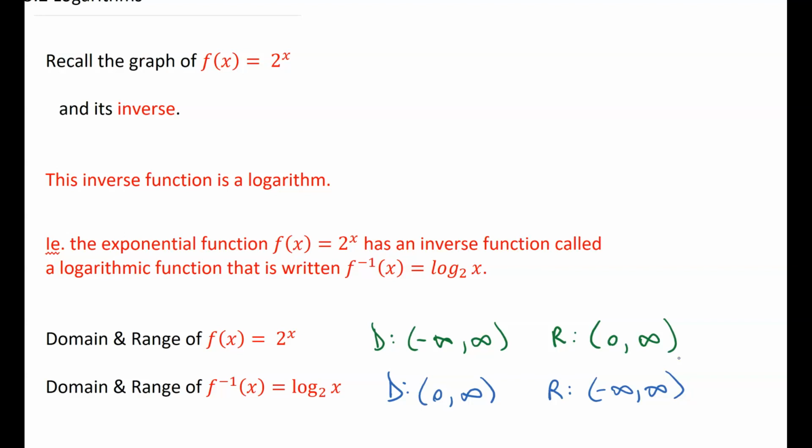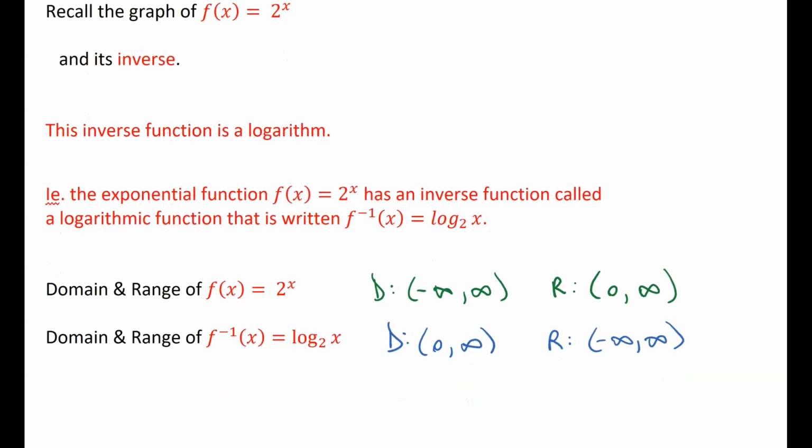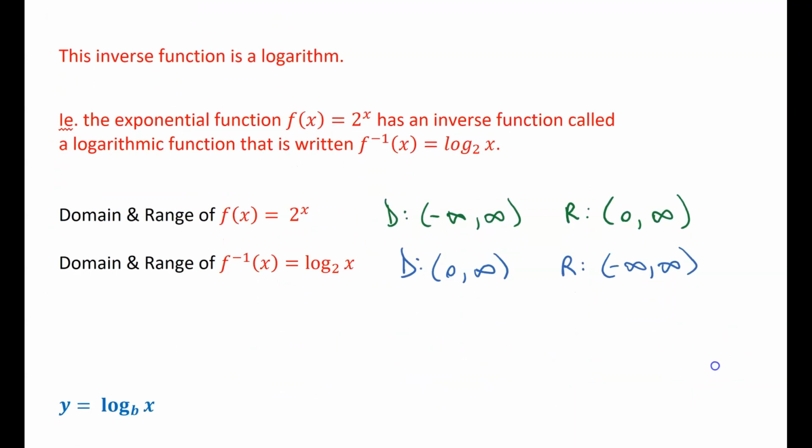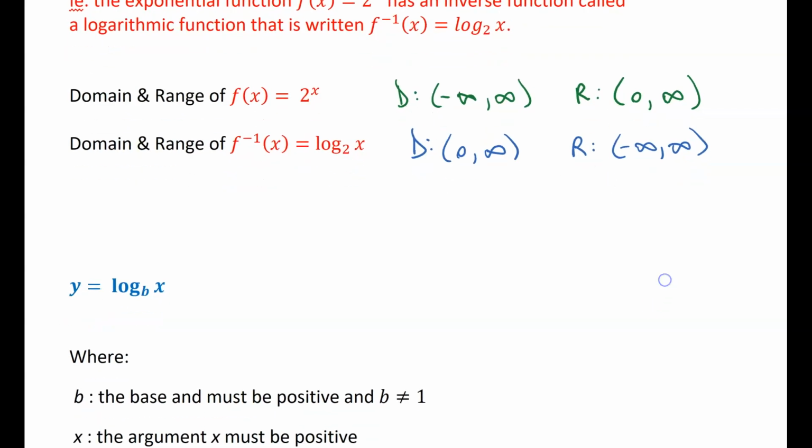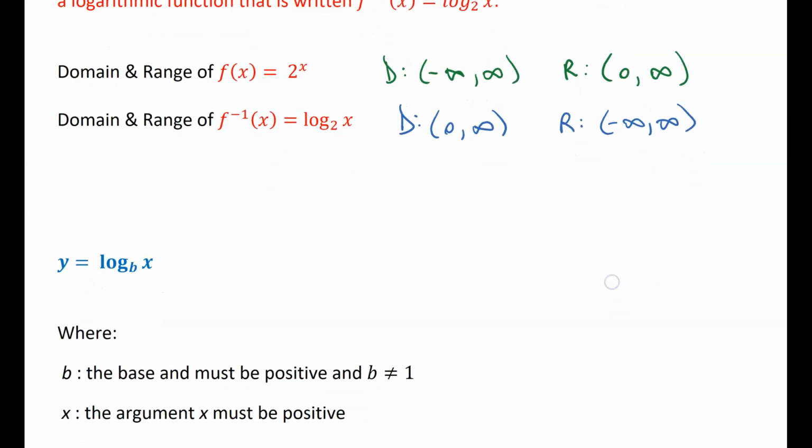Okay, so let's look more at the log. Right, so we've got this equation here, y is equal to log base b of x. Okay, and so the pieces of it are, you have that b, again, that represents the base of the logarithm.